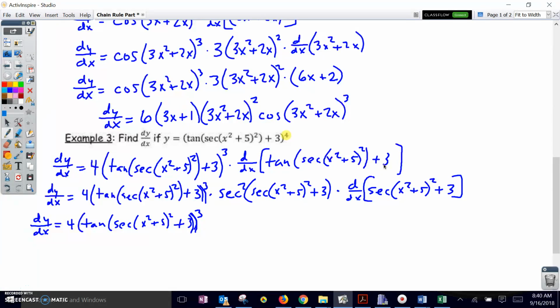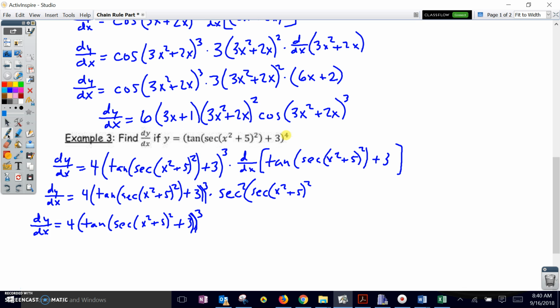Shouldn't have had that 3 inside of the tangent function. So I need to go back and fix what I did here, because that 3 is not inside the tangent function. And so in this second line, I'm taking the derivative of the tangent function plus 3.